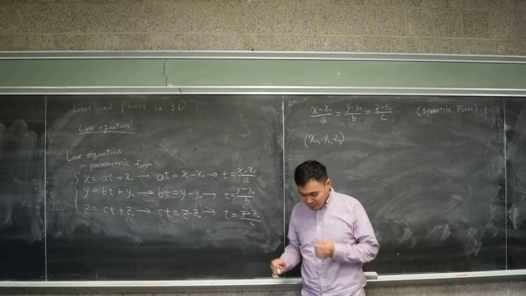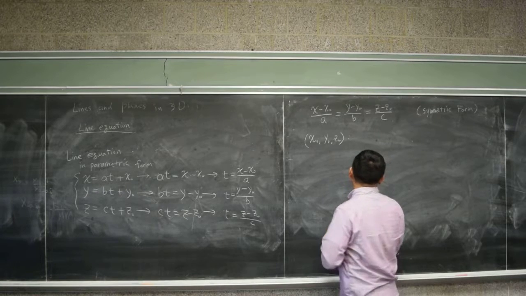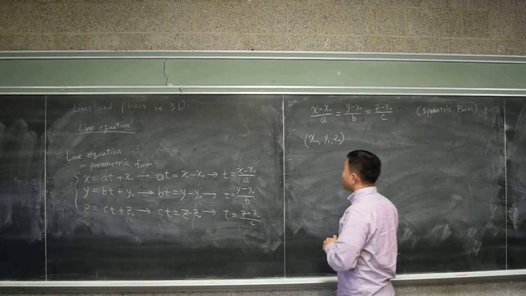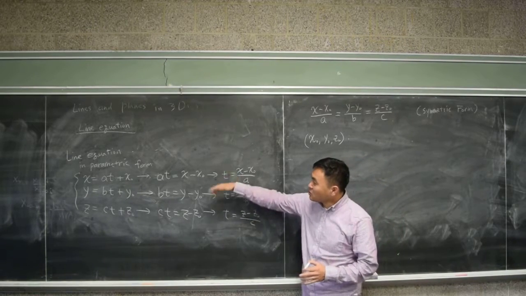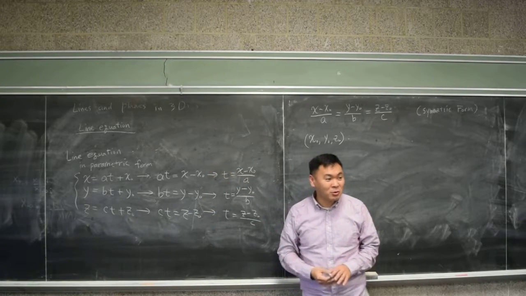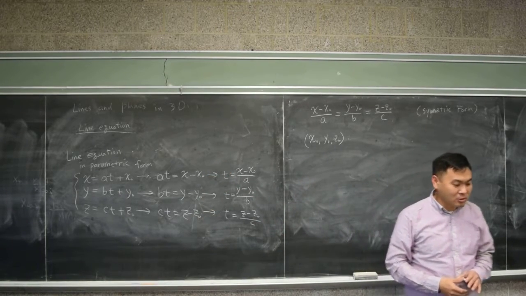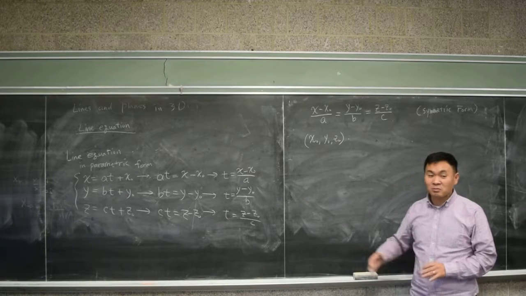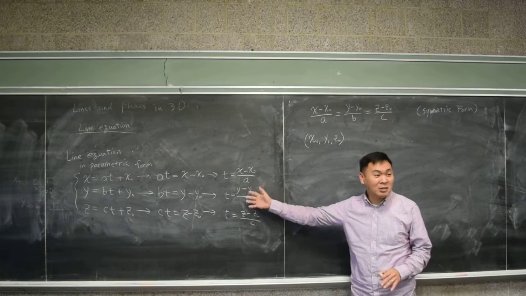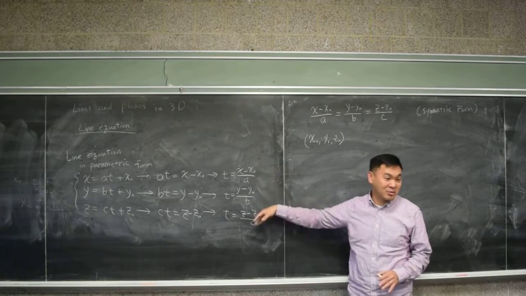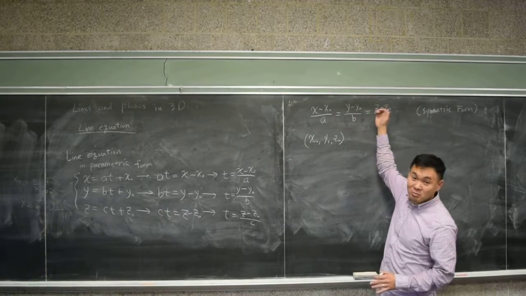But let's see. Yeah, I guess we didn't go too deep into parametric form to explain to you that there are actually infinitely many different possible parametrizations of the same trajectory.